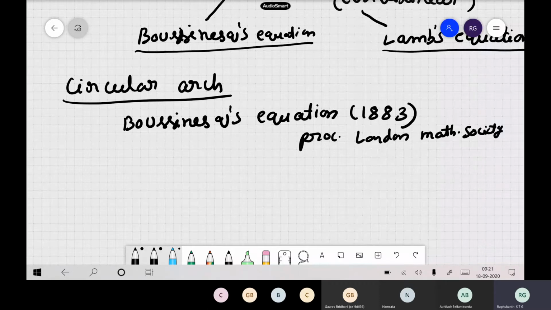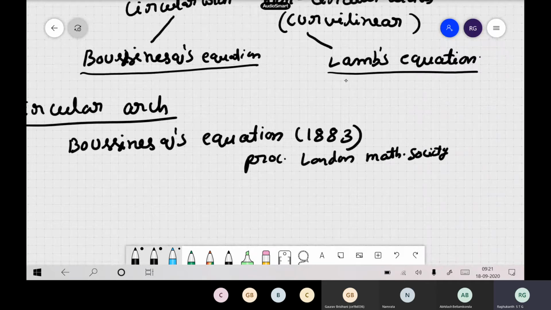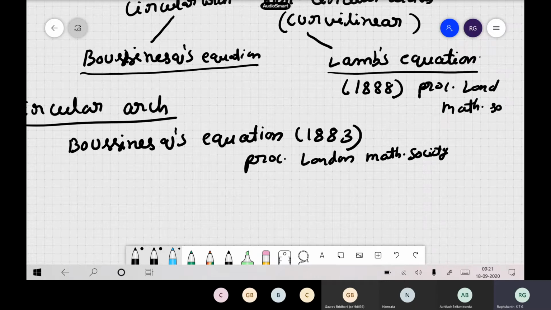And this Lamb paper also is there. Lamb also published this old paper, I think in 1888, in the same journal, Proceedings of the London Mathematical Society. At that time this journal was very famous.